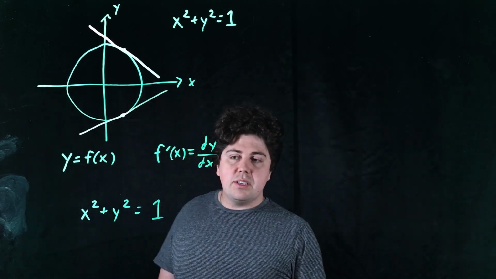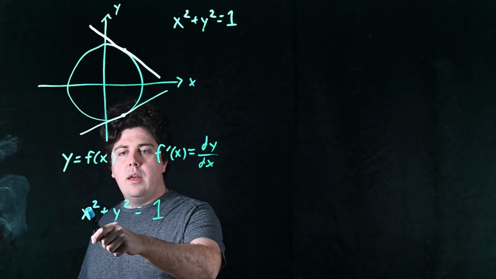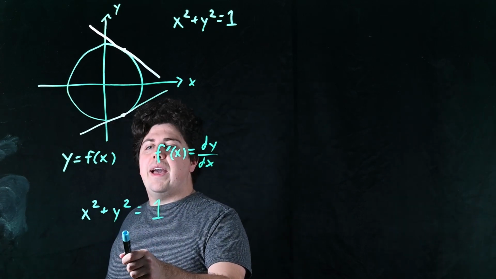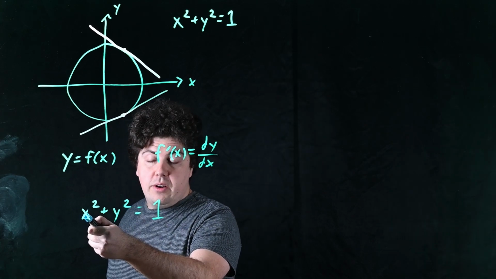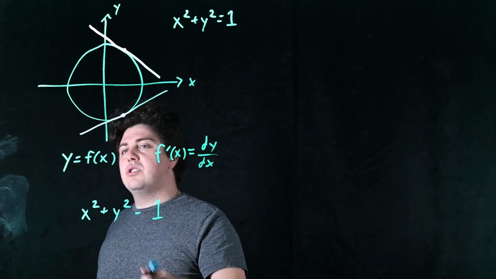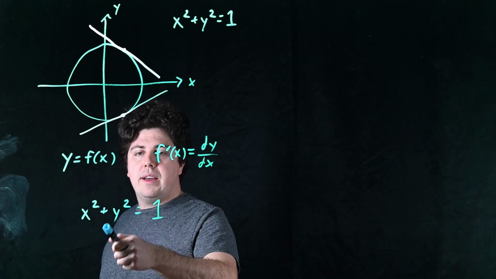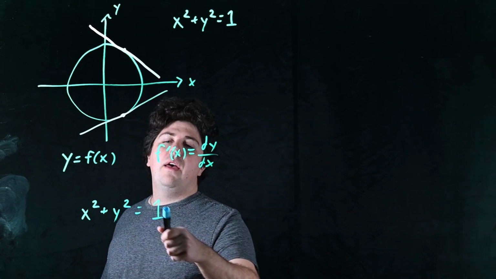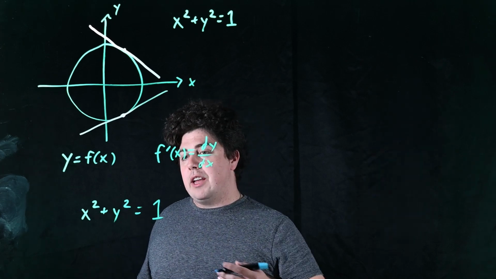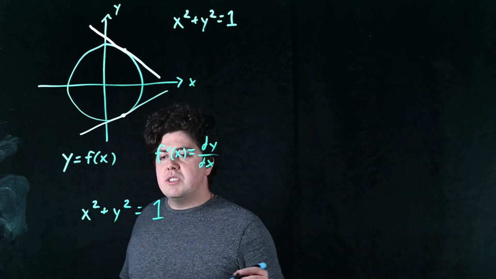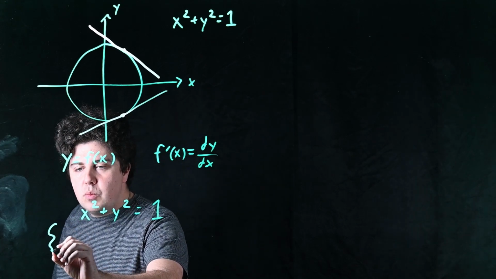So what is this? This is an equality of functions. This left-hand side is a function of x, because x is of course a function of x, so x squared is a function of x. But if y is also a function of x, then y squared is a function of x. And on the other side, 1 is a constant function, which we can still think of as a function of x.